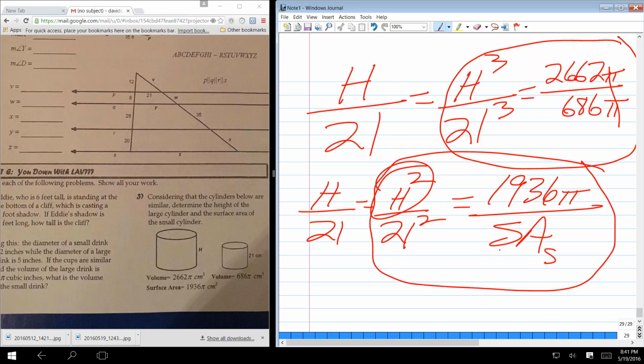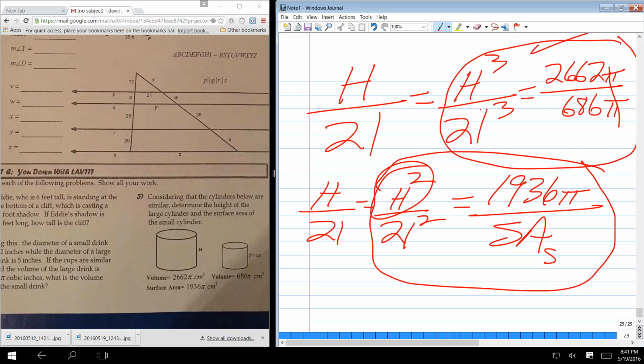I recommend doing this technique for any type problem like that: find your linear ratio to begin with. Square it to get your area ratio, and cube the linear ratio to get your volume ratio. Once you do that, you'll be able to develop these equations that you can solve.